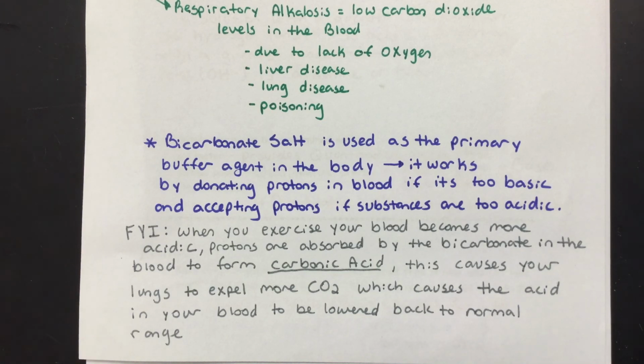This causes your lungs to expel more CO2. You're breathing heavier, you're releasing more CO2, which causes the acid in your blood to be lowered back to normal. If you don't exhale that CO2 out of your system, your blood's going to become more acidic, carbonic acid within your body. So that bicarbonate salt is helping to make sure that that pH stays normal.